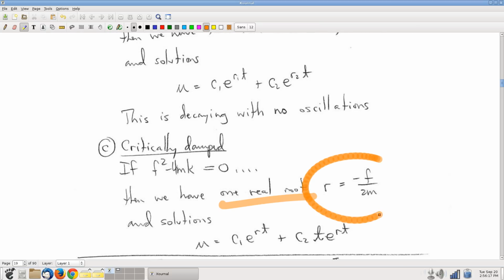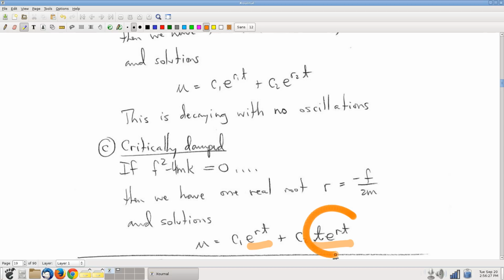One root, multiplicity 2, so we get e to the rt and t e to the rt. And this solution here is, of course, of a slightly different form. Nevertheless, this does still approach 0, and so at a glance, these don't look terribly different.